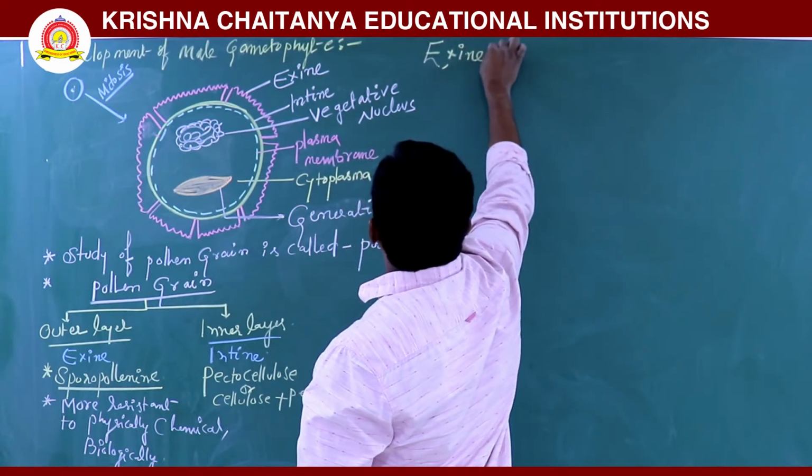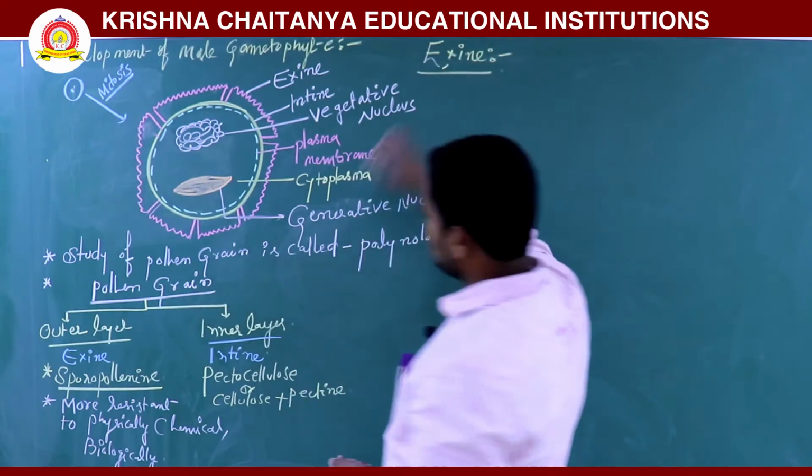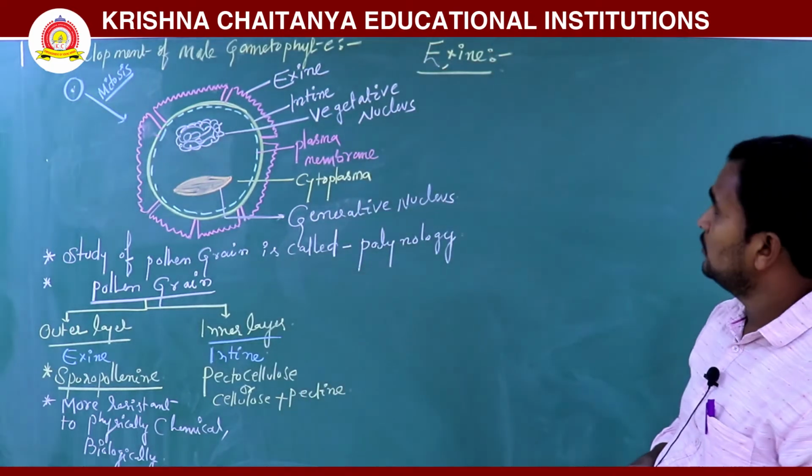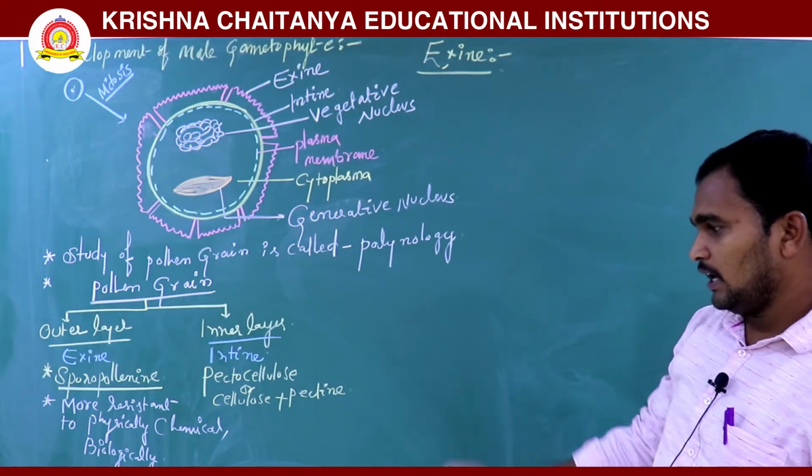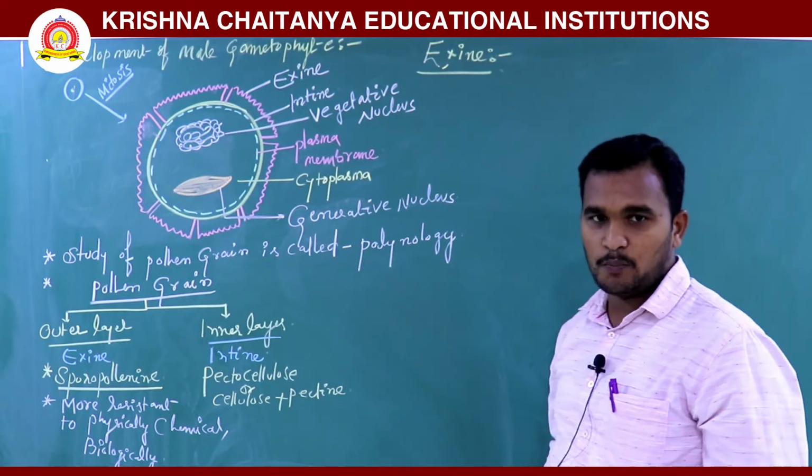This is the exine continuation, and that continuation we will explain. Physical, chemical, biological factors, the pollen grain is more resistant to them.